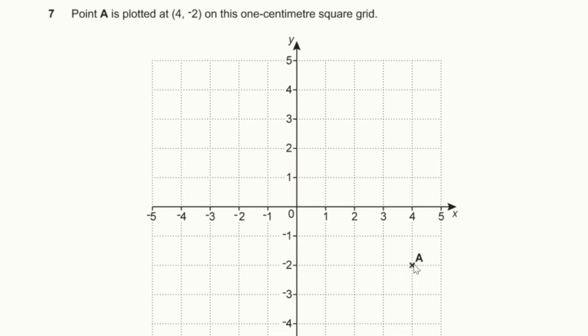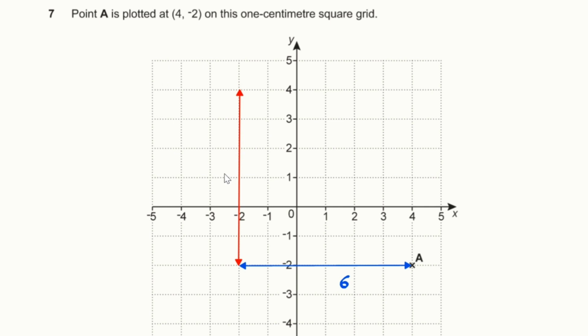Well, if it's diagonally opposite A, it will be in this second quadrant over here. Now we have an area of 36 centimeters squared, which means that from here to here somewhere, we need a length of 6, and we also need 6 going from here to here.